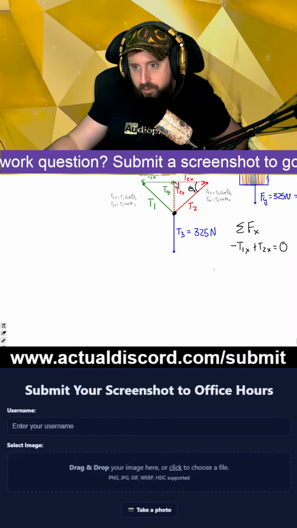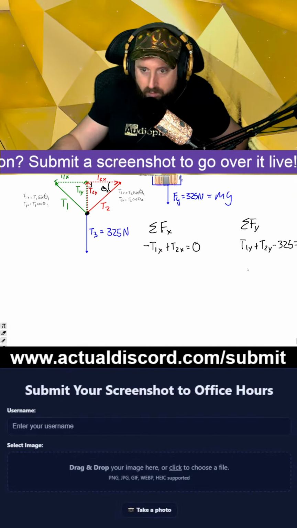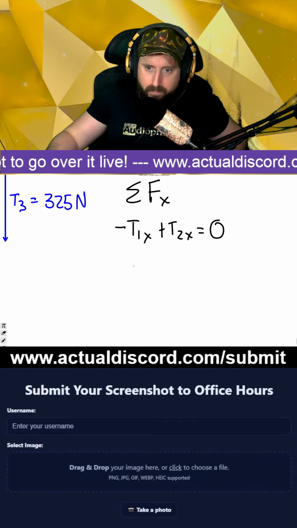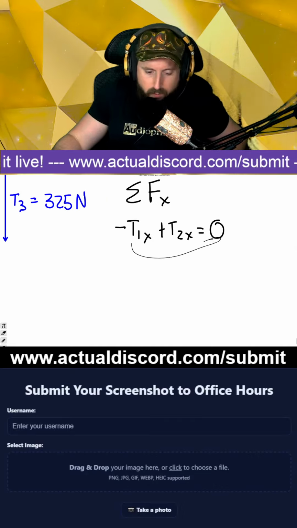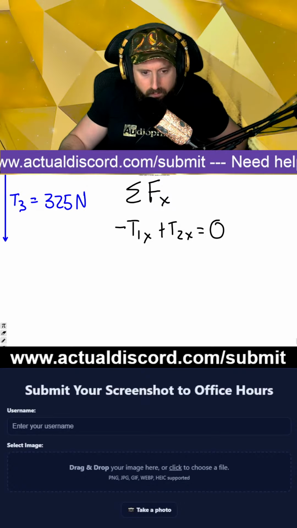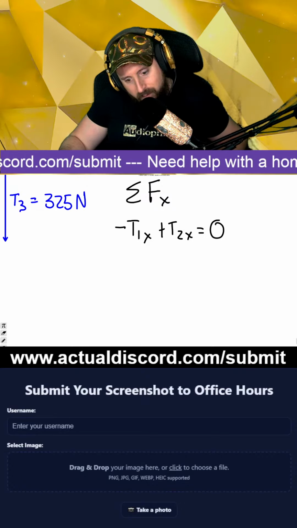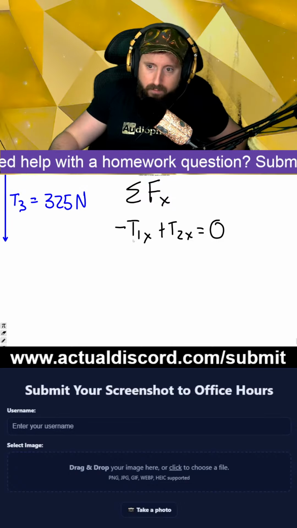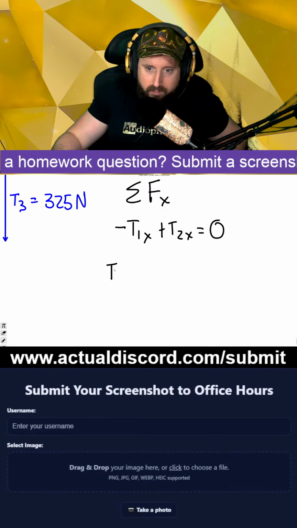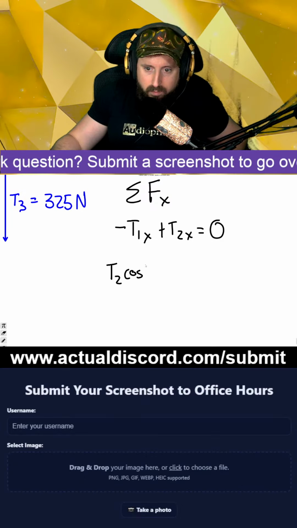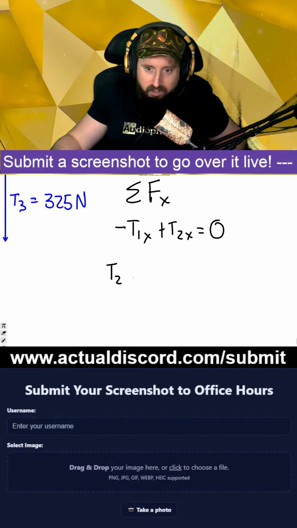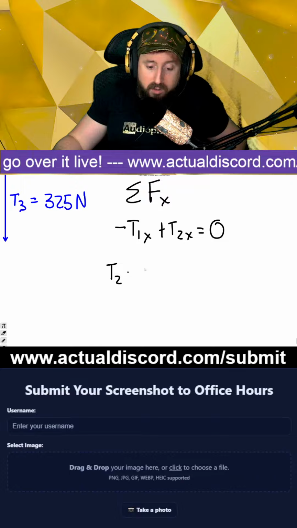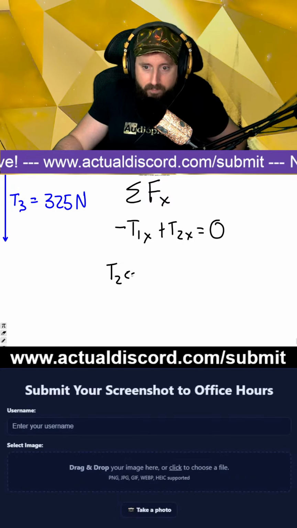All right, let's go substitute that stuff in over here. So here, I think I want to move this over. If I move this over, that means that T2... Oh, actually, I know how this works.